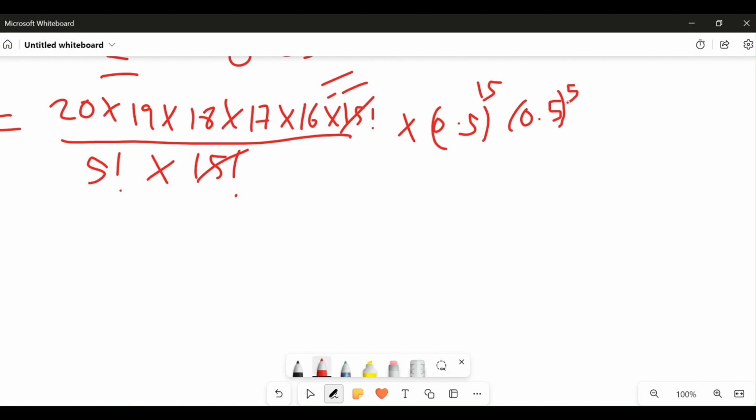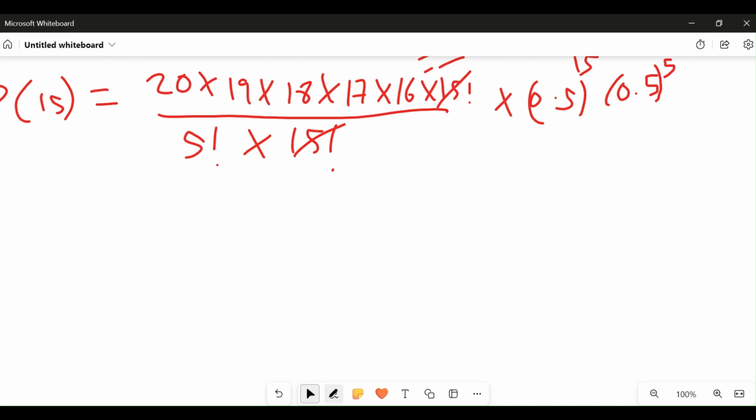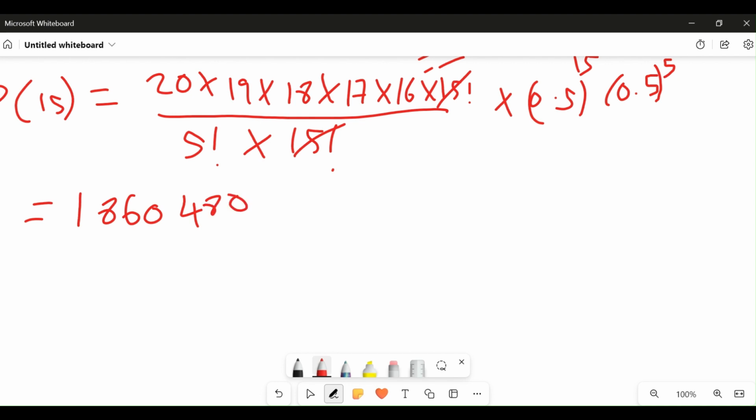So now we turn to our calculator and see what we can get. We multiply 20 times 19 times 18 times 17 times 16. That gives us 1,860,480. So what is 5 factorial?